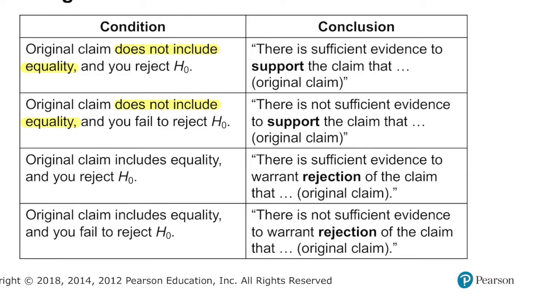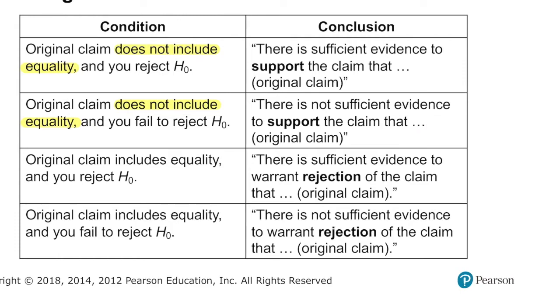If the original claim does not contain the equality and you fail to reject H0, then your conclusion should be there is not sufficient evidence to support the claim that, and then you're going to insert your original claim in.